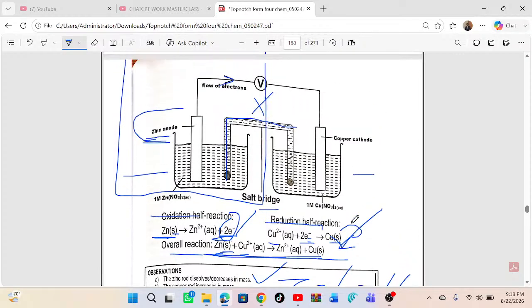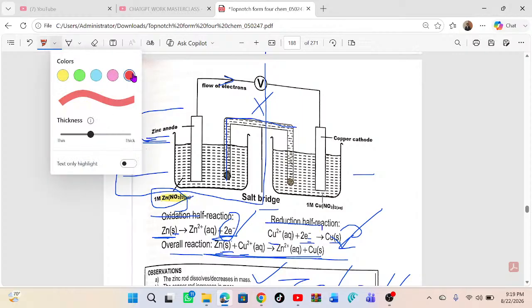Or you can use this formula called anti-clockwise. Is it anti-clockwise or clockwise? Clockwise. So because you start with zinc when writing the cell convention, you start here. Let me choose here.